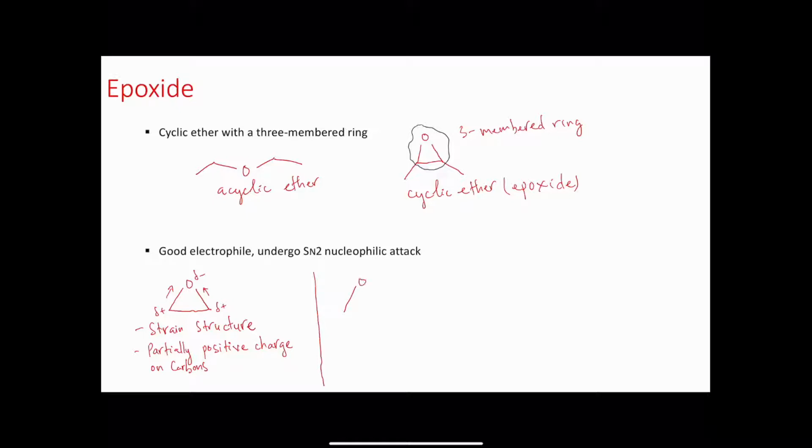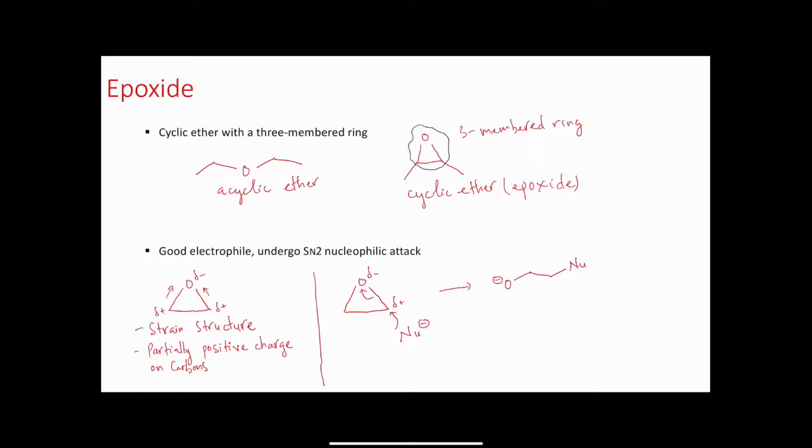So with that ethylene oxide, we know that we have a partial negative charge on oxygen and partial positive charge on the carbon. In the presence of a nucleophile, the nucleophile will attack the carbon and the bond between carbon and oxygen will be broken. So we're gonna form this intermediate with a negative charge on oxygen, because the oxygen is an electronegative atom.